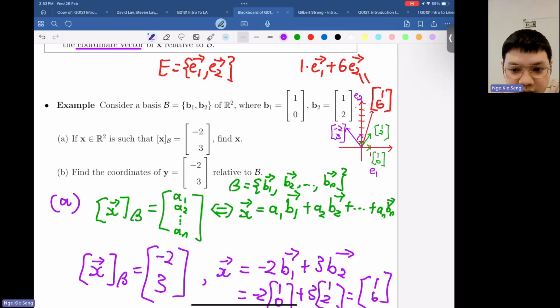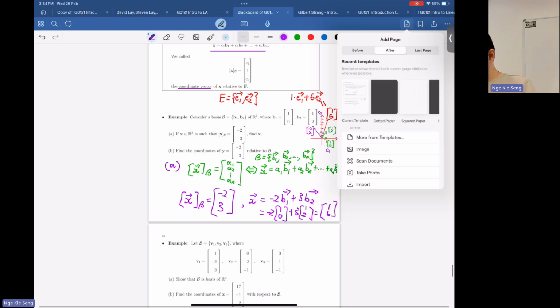-2, 3. So you see that -2, 3 here is also on the left-hand side of 1, 2. So you should expect that the coordinate also has a negative. Let's compute it.